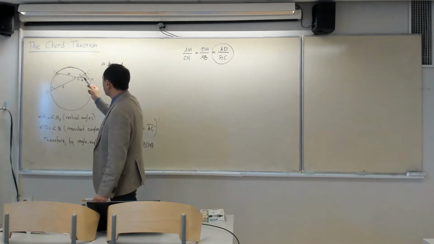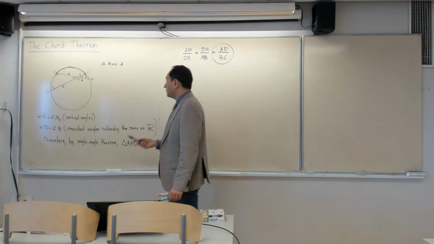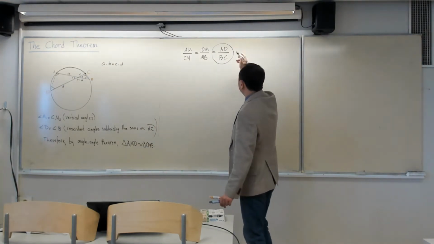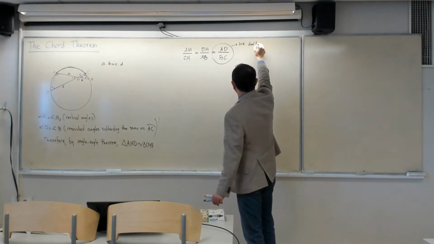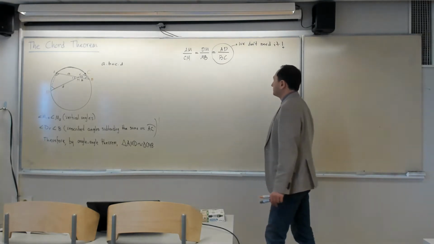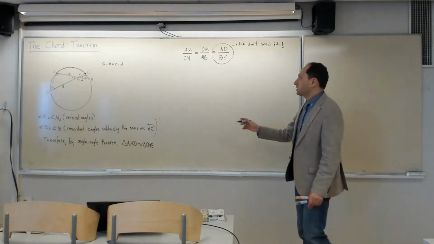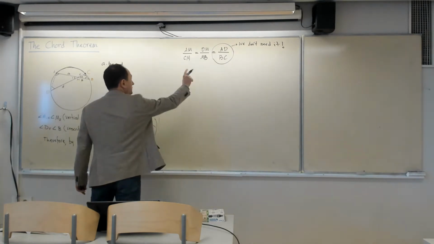I want to prove something about AM, MB, MC, and MD. So even though this is also true, we don't need it. I mean that in the exam you really don't need to write this one. I just wanted to do this for more practice.